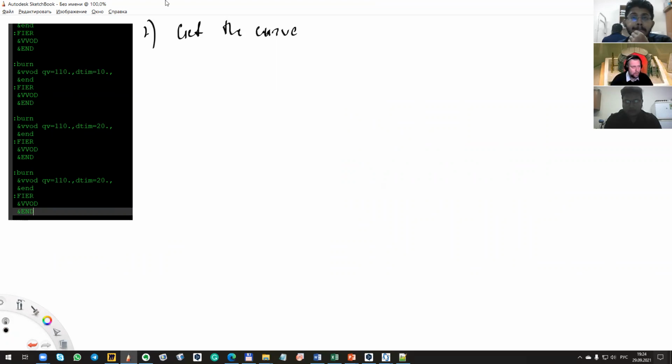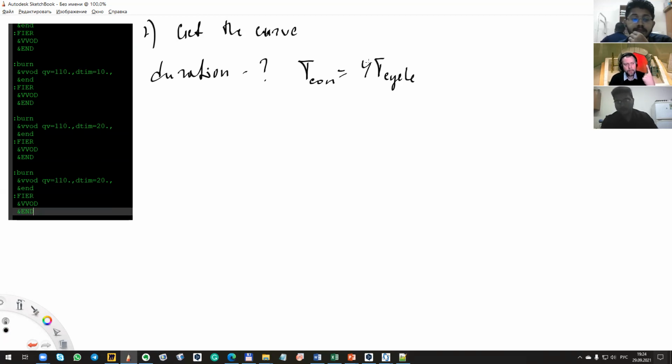Because duration is time. Actually, time of campaign, it means the campaign is a 4T cycle, because we get the 4 cycles.